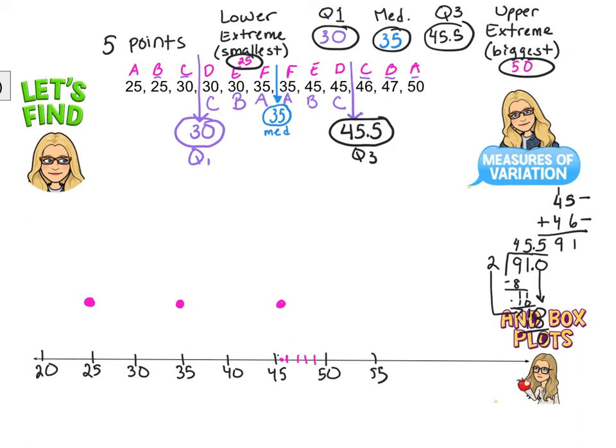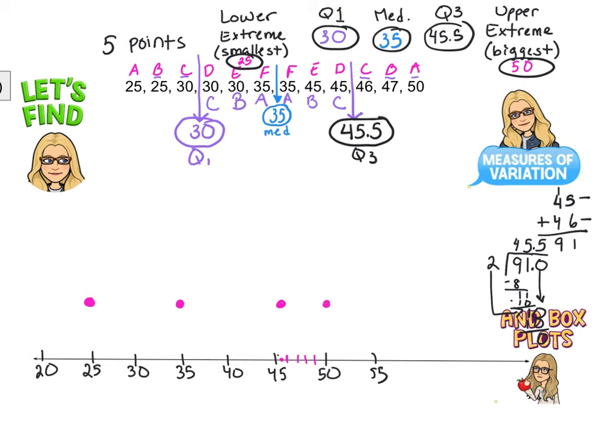And then the last thing I'm going to graph, the fifth data point I'm going to graph on my box and whisker plot. Oh, let's see. I forgot to plot something on my box and whisker plot. I did not plot quartile 1. That is 31. So I'm going to go ahead and plot my upper extreme here.